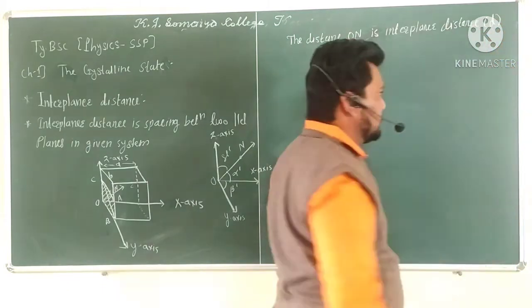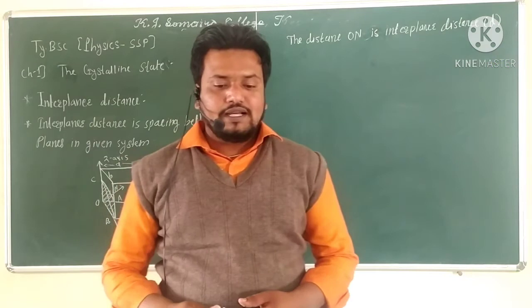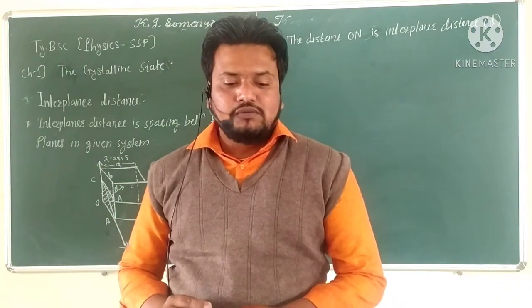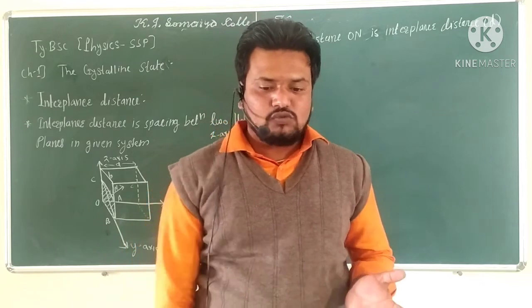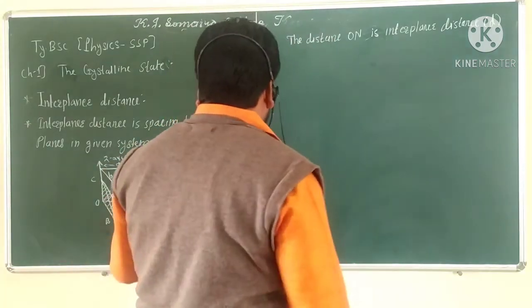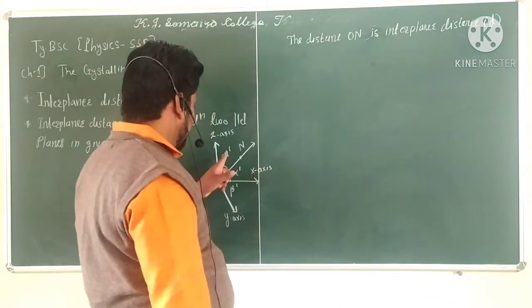So that is the interplanar distance d, and let alpha prime, beta prime and gamma prime be the angles between the x, y, z axes and ON respectively.